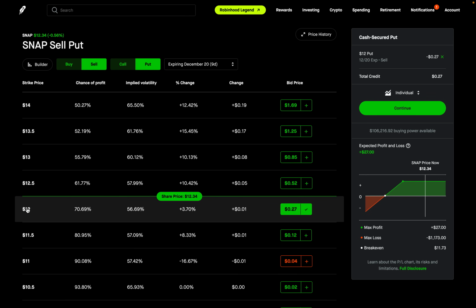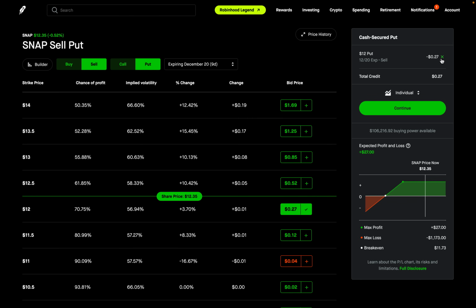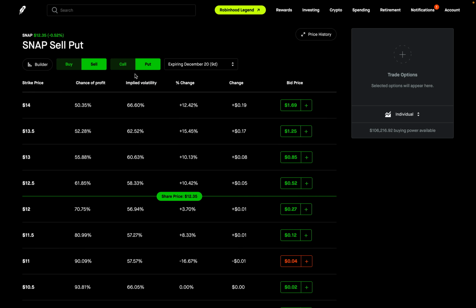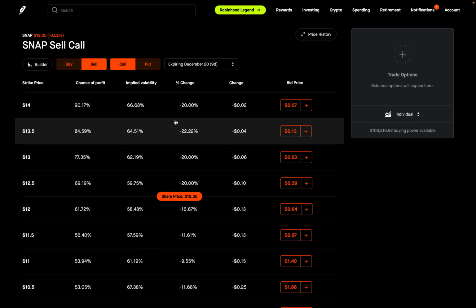So now I would have 100 shares of the stock. And as we all know, with the wheel strategy, once we now have 100 shares of the stock, we continue the wheel by now switching over to selling calls. So once I have 100 shares of Snap, I can start selling calls. Now I can come in here and sell one of these call options.